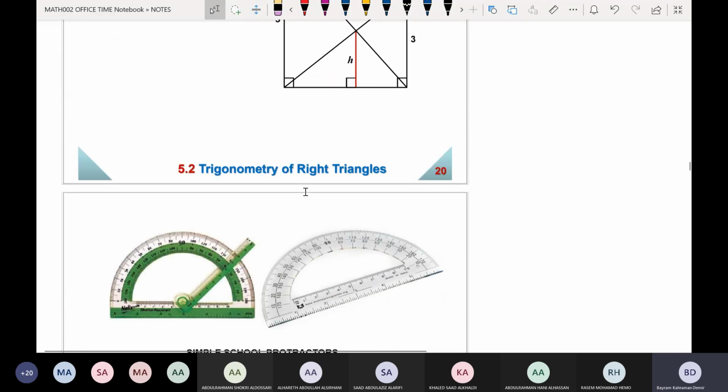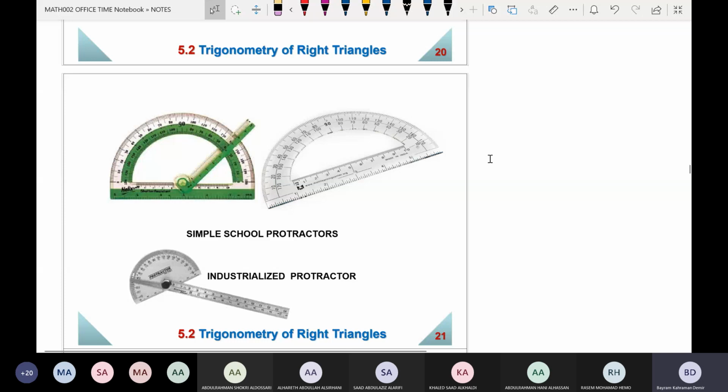Let's remember these pictures. Who's going to tell me the name of these tools? Anybody remember from high school? I don't remember it in English, I only remember it in Arabic. Okay, tell me in Arabic.